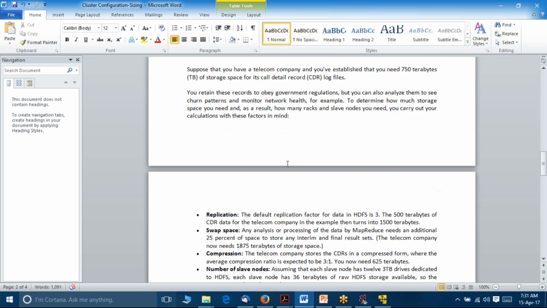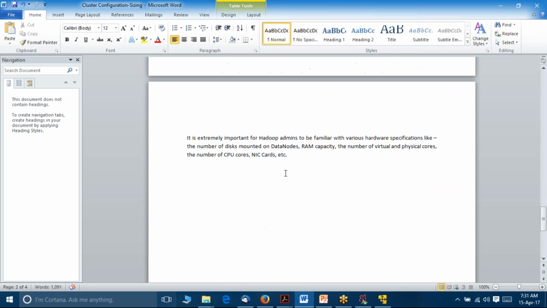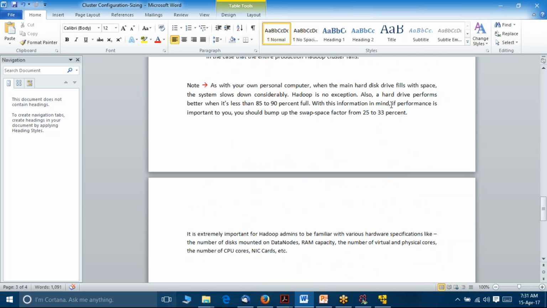Why do I need to consider that factor? I need to consider it if performance is important for you. It may look very funny at this stage, but 8% is what we are losing in terms of storage on every node. At the cluster level of 50 nodes, 100 nodes, you can imagine how much storage difference comes, friends.